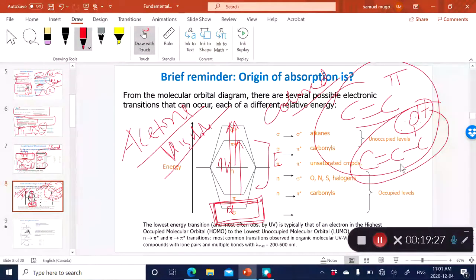So it's good for you to remember this molecular orbital diagram, because it explains why some reagents are colored and some are not. It's all based on the electronic transitions in the molecule that are allowed, because the energy levels are not very different, and the transitions that are not allowed.